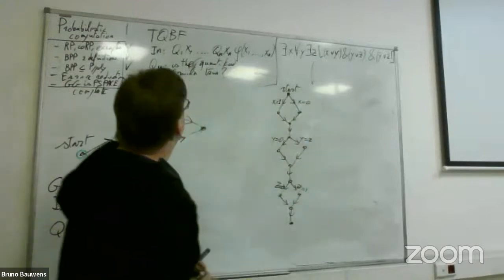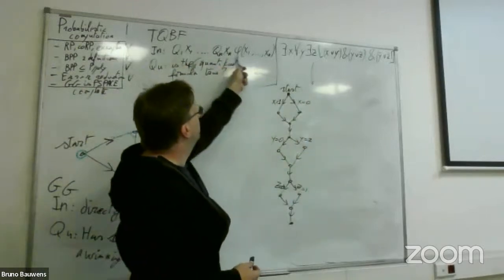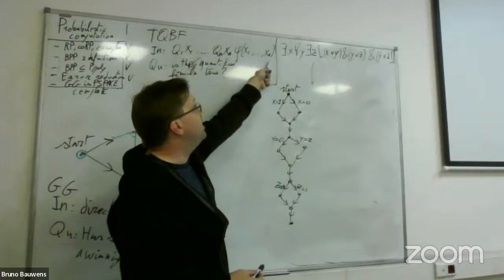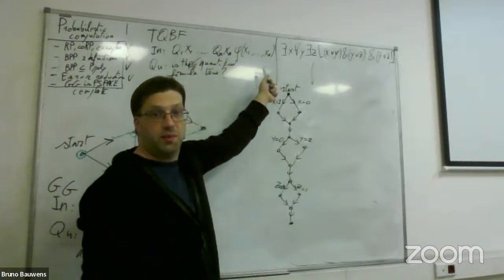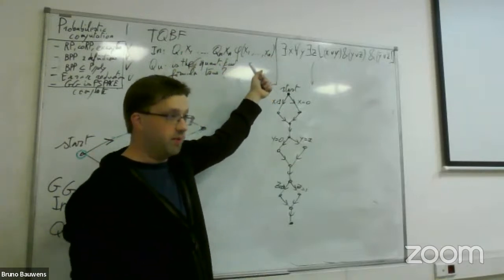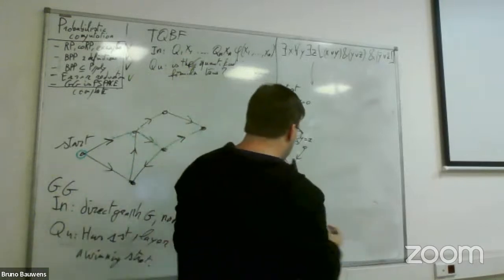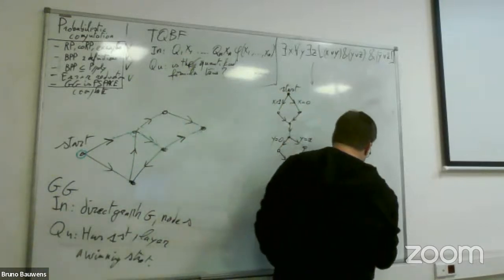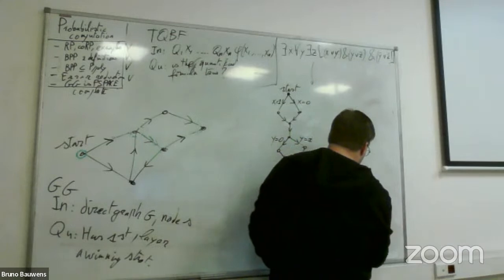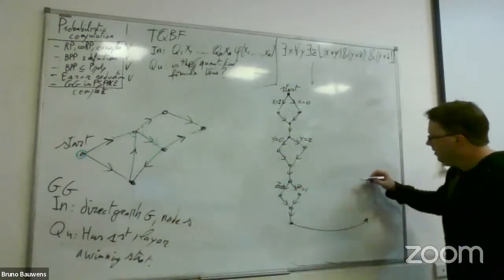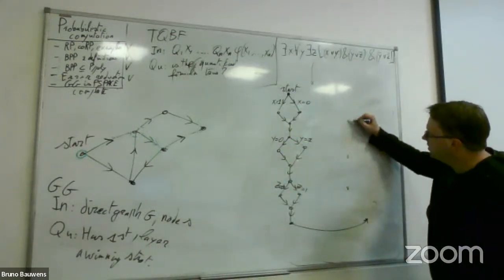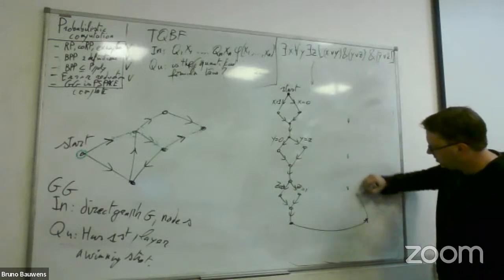And by the way, I'm using TQBF where phi is in CNF, and it was an exercise to prove that it's equivalent. Okay, and then we go here. Maybe I need to insert a node, I will see it soon. But now, for every clause, I will make an extra node.